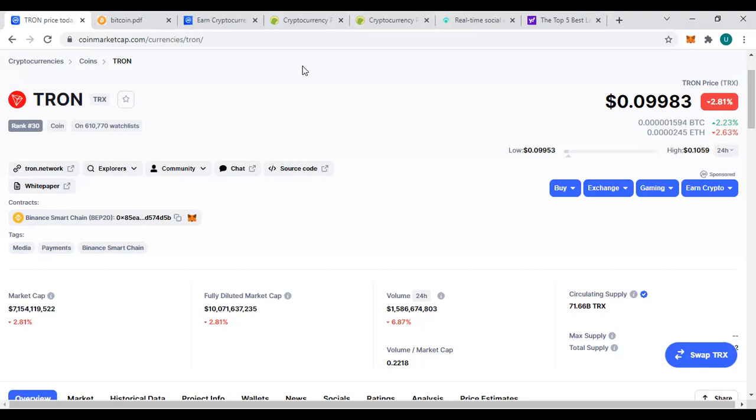I'm not seeing anything now. I'm not seeing the chart too. Oh, so you cannot see my screen? It's still showing the previous screen, the Tron one, with the market supply and circulating supply. All right, let me see what I can do about it.